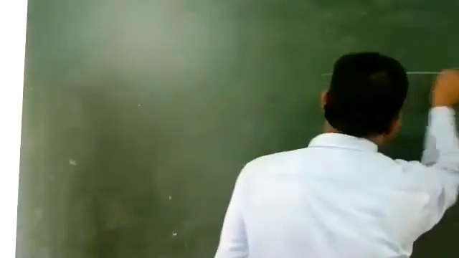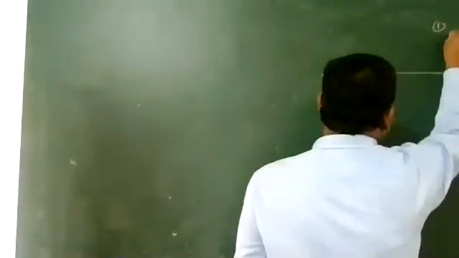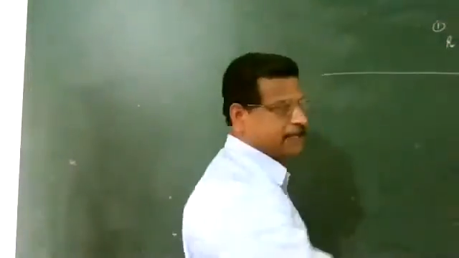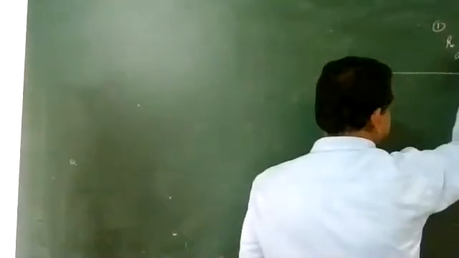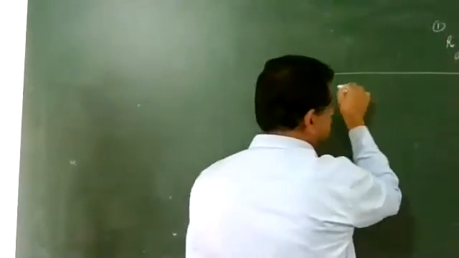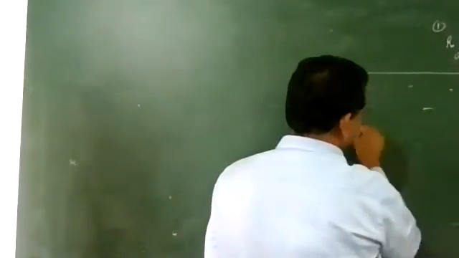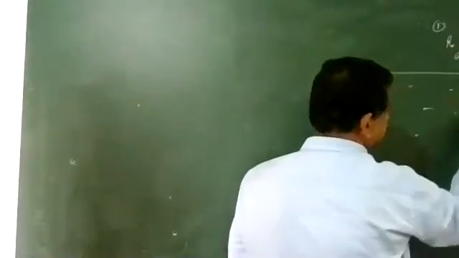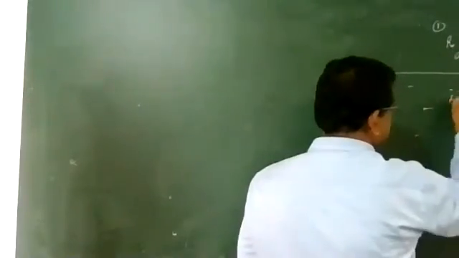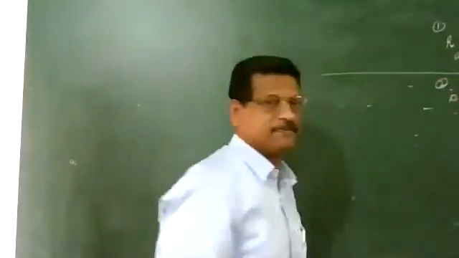Now I am explaining the phenomenon of refraction here. You have the first medium, which I am taking as a rare medium, air. Suppose the light passes into water, the second medium, which is taken as a dense medium.